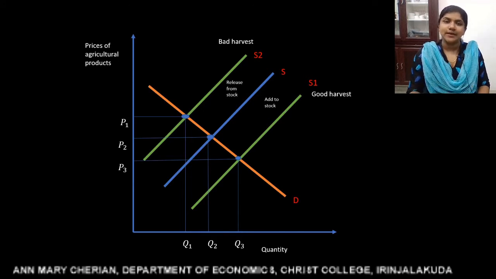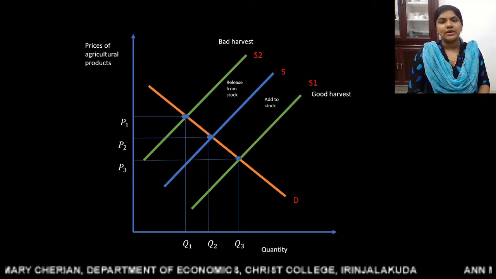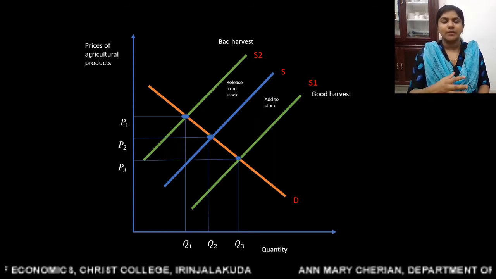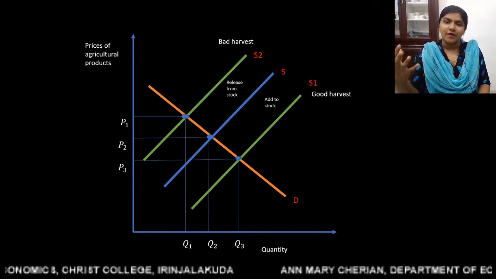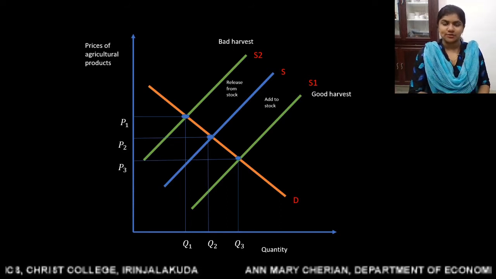In order to stabilize prices in the market, government will intervene in the market. So government will purchase surplus farm products from the market and add to its stock.